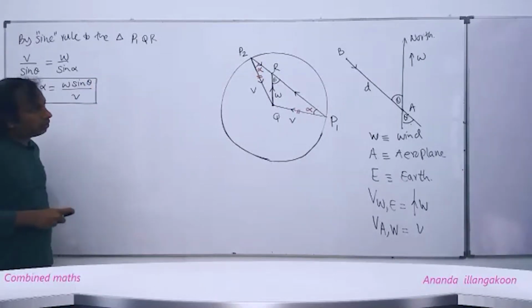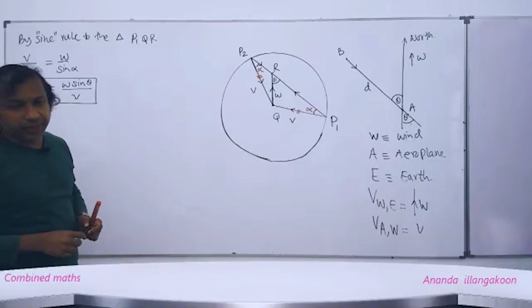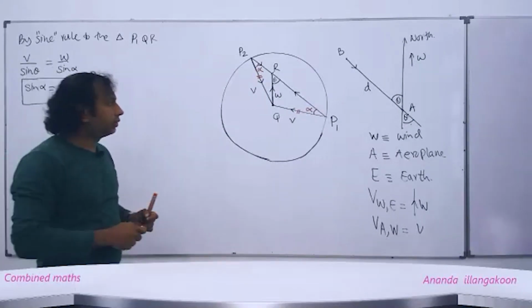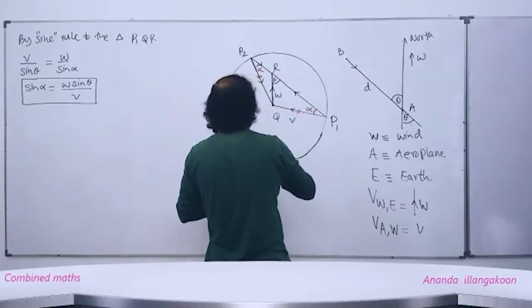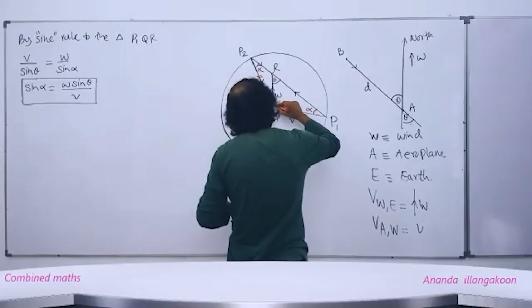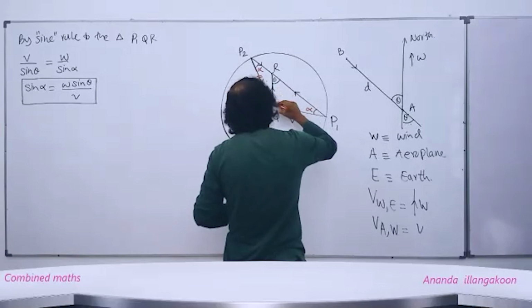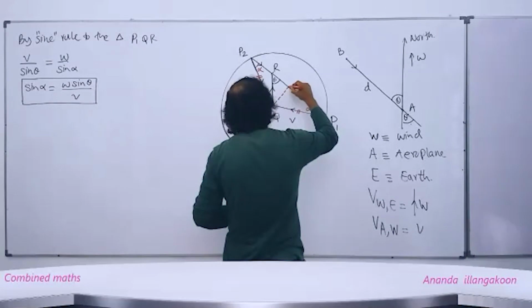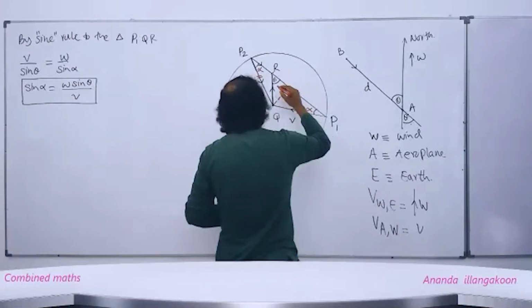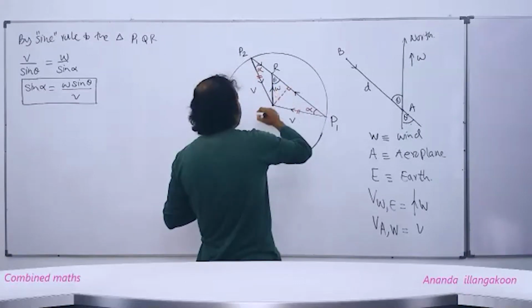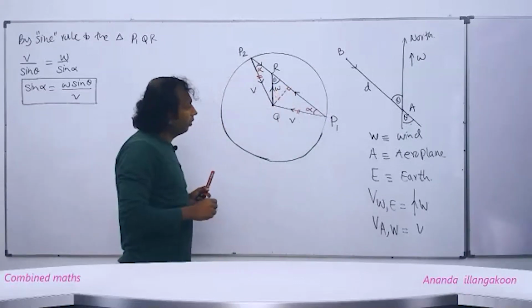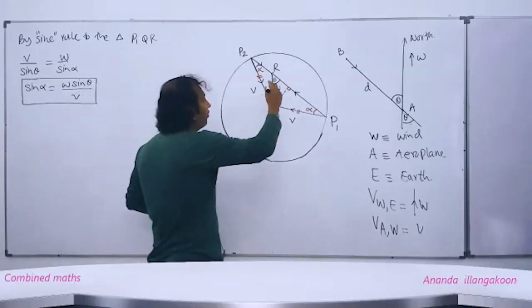Now, how to find this P1R? That can easily be found like this. I drop a perpendicular from this Q onto this P1R. This velocity is W. Can you tell me what this length is?